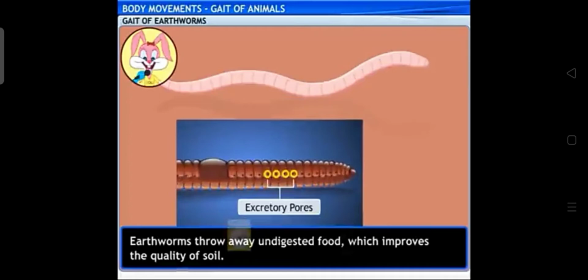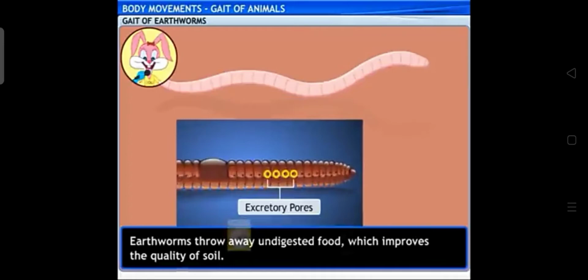It improves the quality of soil. It is a fertilizer or a manure, because the undigested food given out from the earthworm's body helps the nutrient value or the fertility of soil. So it is good if earthworms are present in the soil.